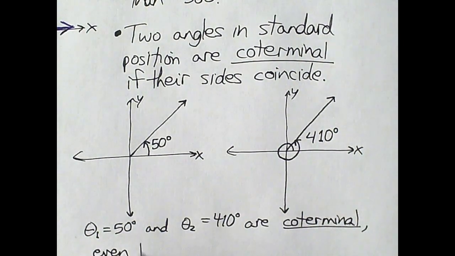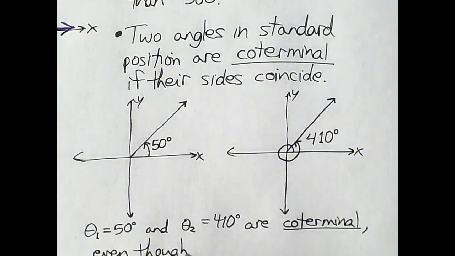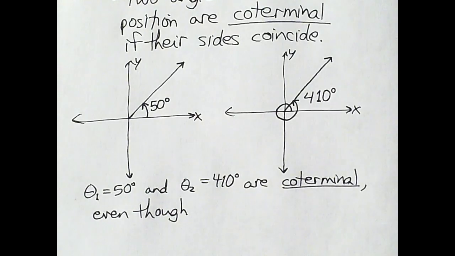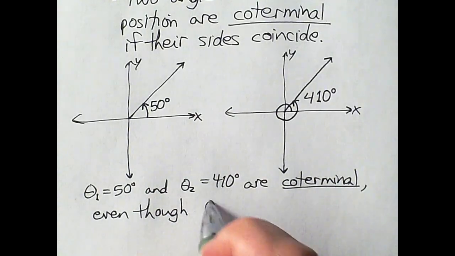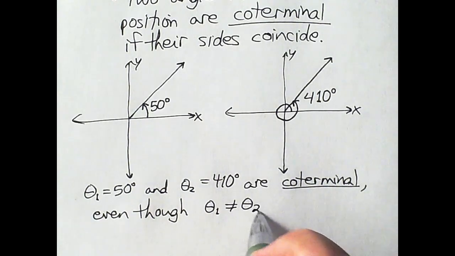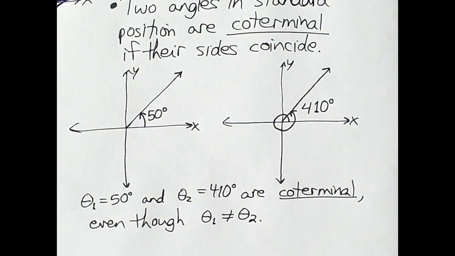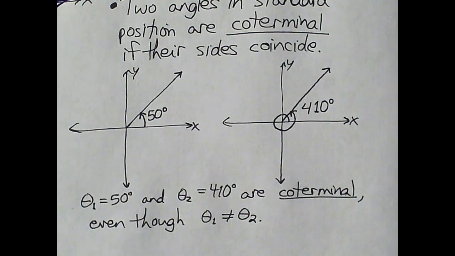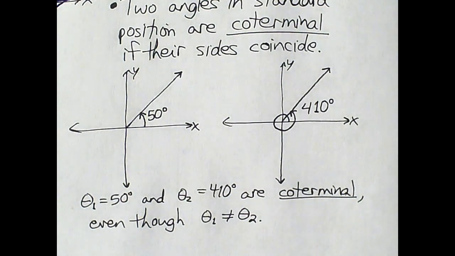Even though theta 1 does not equal theta 2. Do you see the difference between being coterminal and being equal? Because the number 50 and the number 410 are not equal to each other.